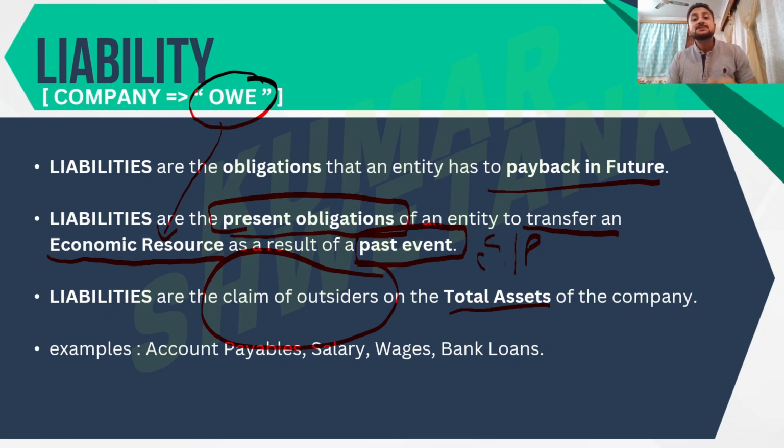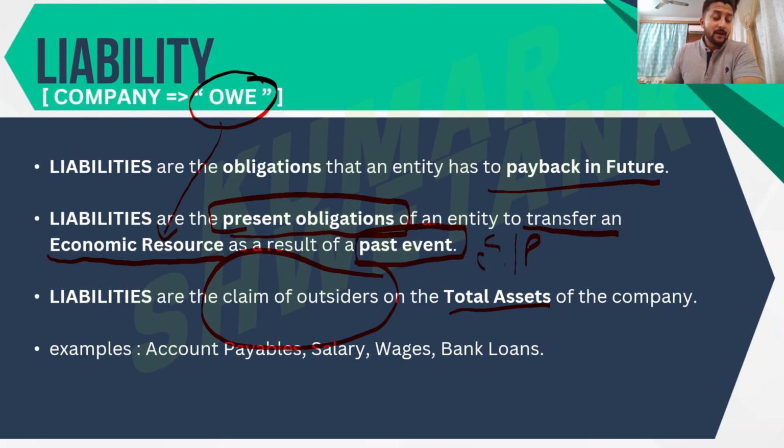So this 15,000 is my present obligation. I have to pay him. So on my total asset, that 1 lakh rupees which I have, the driver has a claim of 15,000 rupees. So liabilities are the claim of outsiders on the total assets of the company.